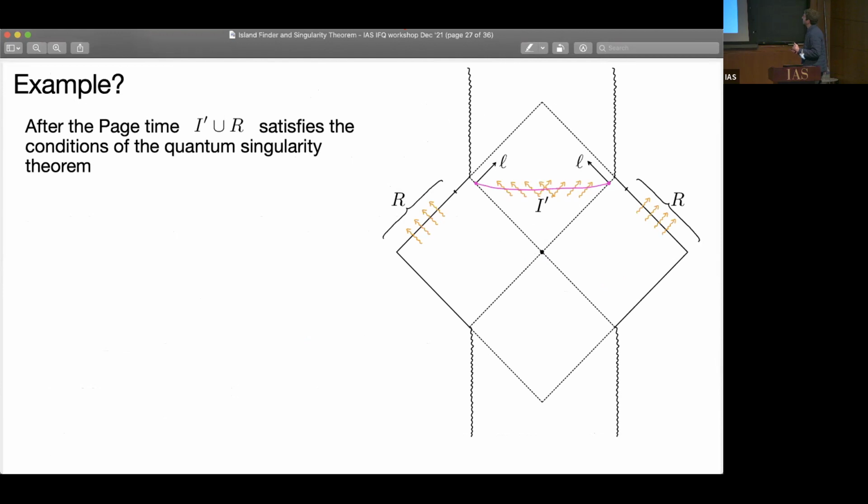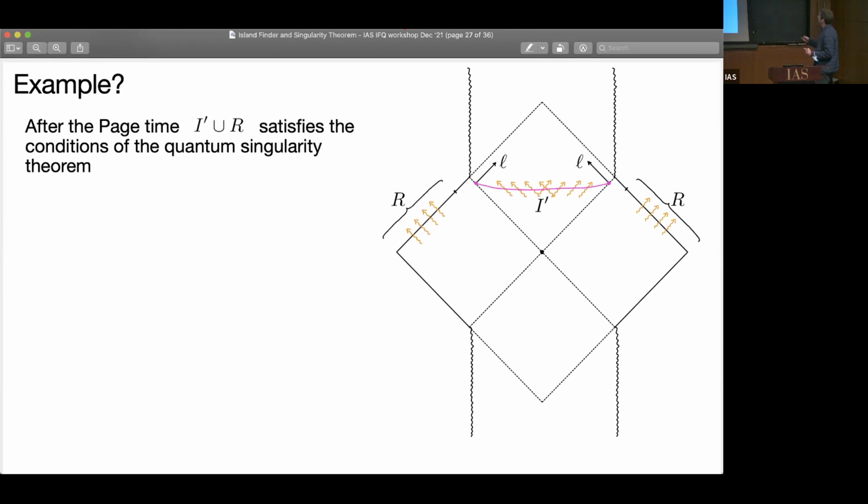For example, take the Hartle-Hawking state in Reissner-Nordström geometry, and pick regions R to be these ones, and I prime to be a long region in the interior, such that I prime is basically after the Page time. Then the hyperentanglement condition is satisfied, and the quantum expansion satisfies the conditions of the natural quantum singularity theorem in the little L direction.